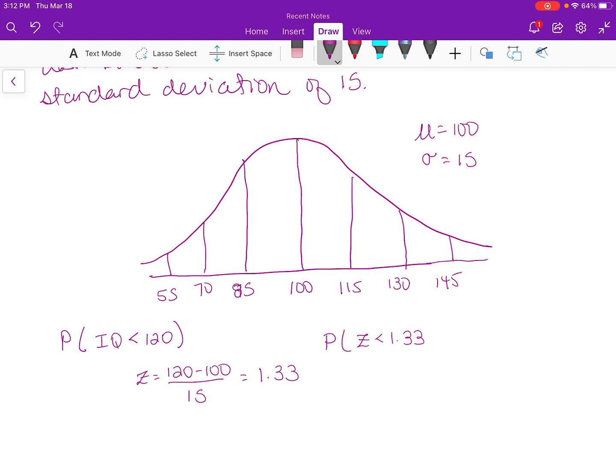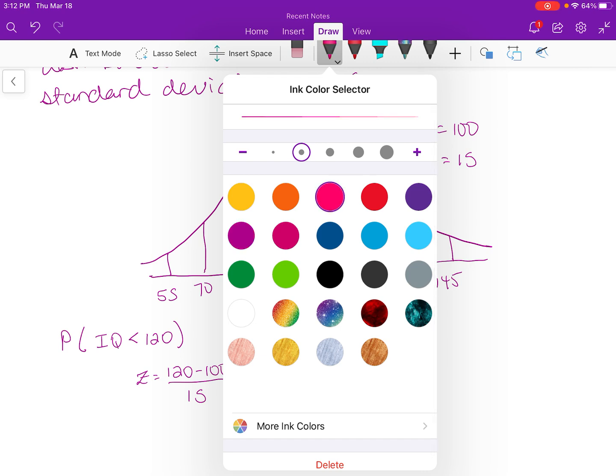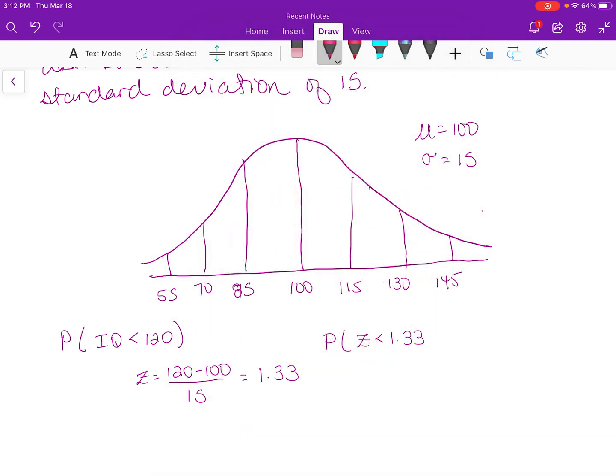Looking at this from the perspective of where it would fall on the distribution table, 120 would be somewhere here, and then all of this area to the left would be shaded. So I know it's going to be more than 0.5.